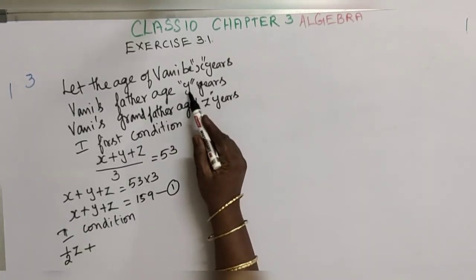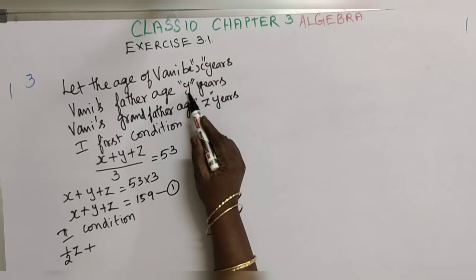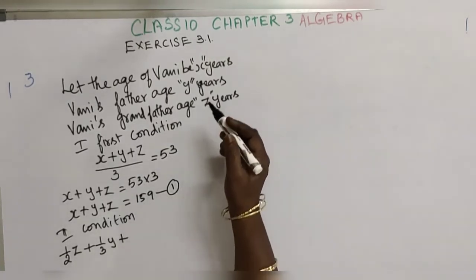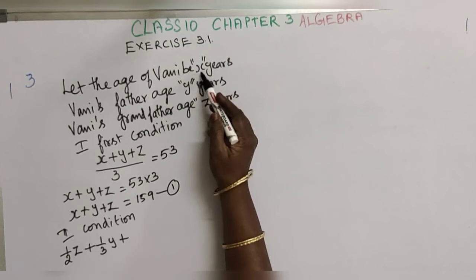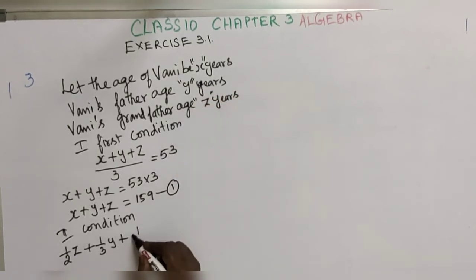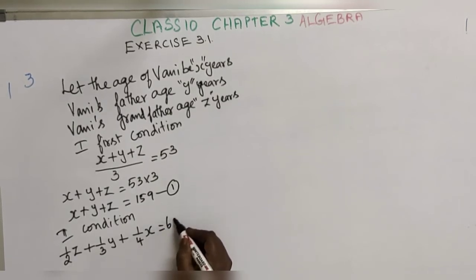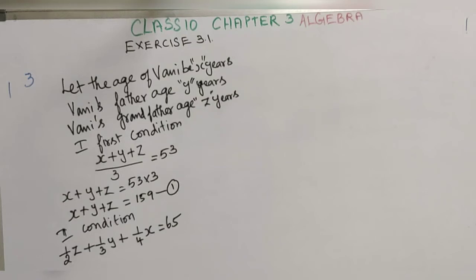Father's age is y, so 1 by 3 y, plus 1/4 of Vani's age. Vani's age is x, so 1 by 4 into x. That will be 65.